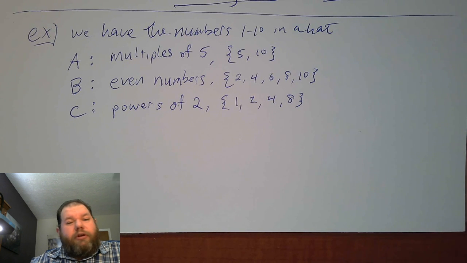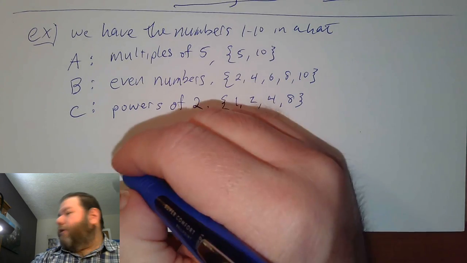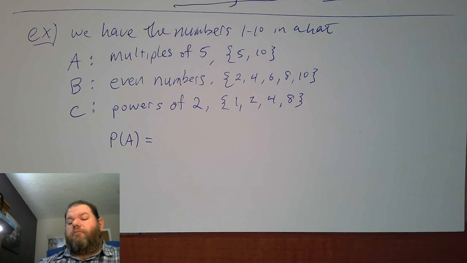Yeah, we typically would not use A or B or C. I guess we could figure it out though, but generally we do not like more than 2 events being combined in our union or our intersection. At least we're not going to deal with it in this particular course. So. All right. So what is the probability of A? And if you want to go ahead and give it as a decimal, that's fine.